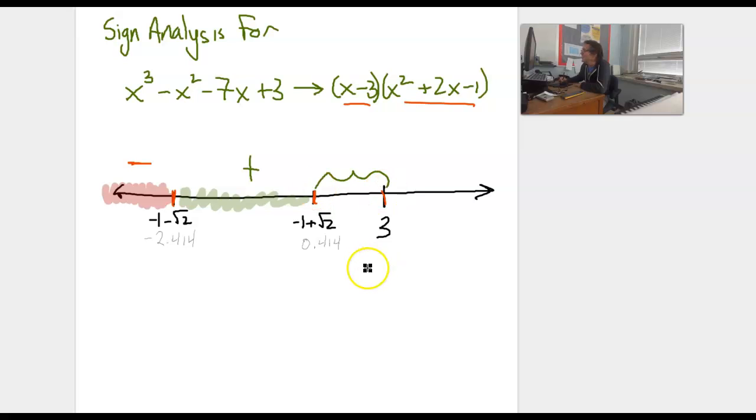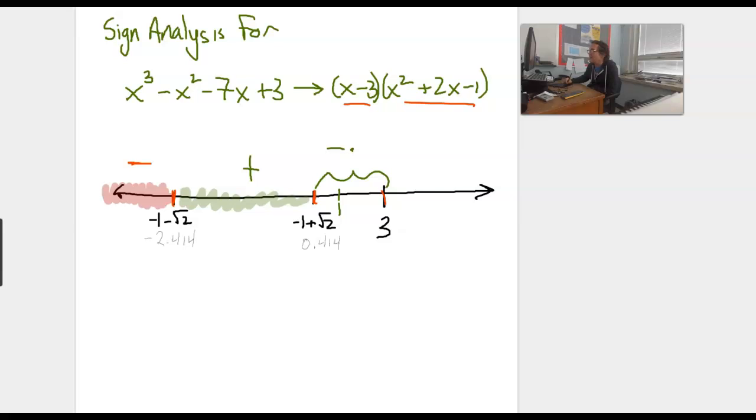In this little region here, I actually have to pick a number to plug in. I can't use any weird tricks. It's helpful to know that this decimal approximation is 0.414. So any number between 0.414 and 3 will work. Let's go ahead and use positive 1. If I have 1 and subtract 3, 1 minus 3 is a negative answer. If I plug in 1 here, I need to write this part out, right?